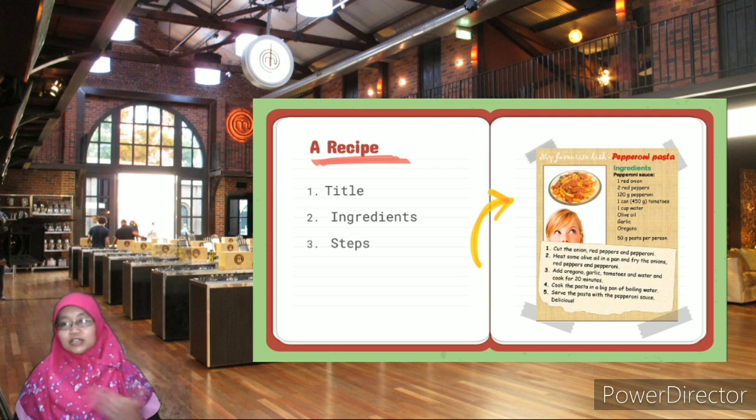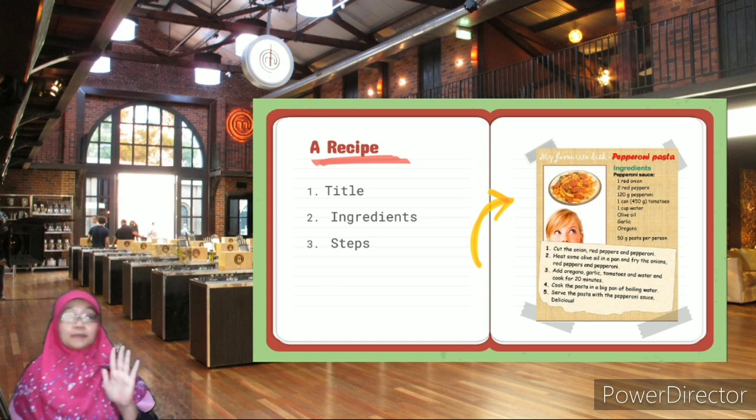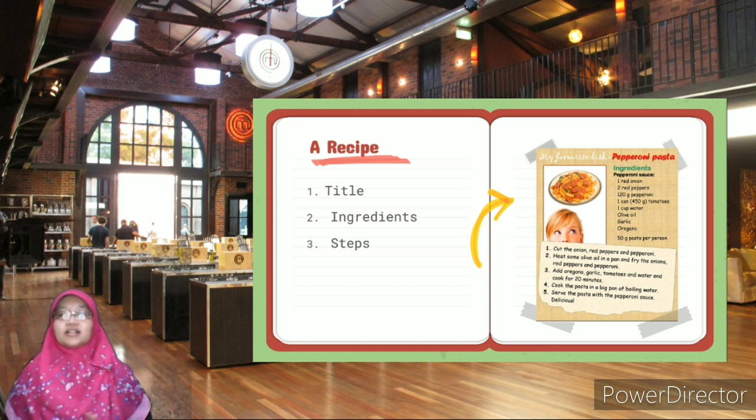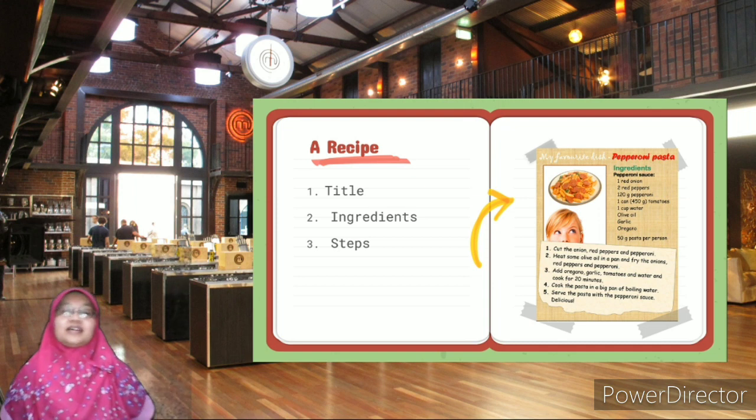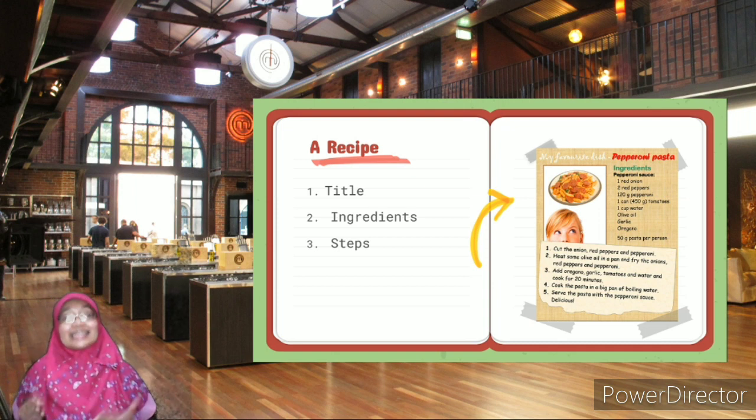So now let's take a look at this recipe. There are 5 steps in this recipe. Cut the onion, heat some oil, add oregano, cook the pasta, and serve the pasta. So that is the example of the recipe and things that should be in the recipe.